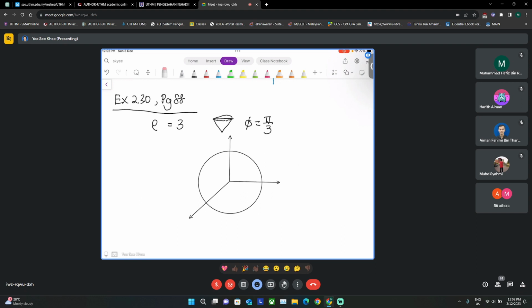Okay, this is a sphere, and then you have a cone. Let's sketch the cone.